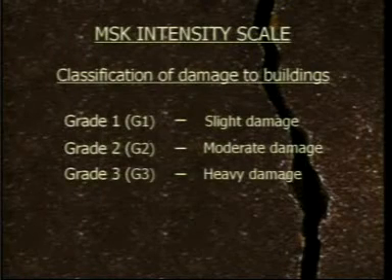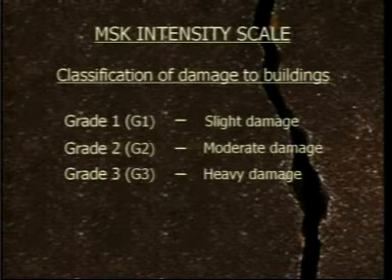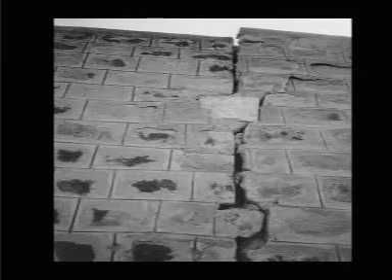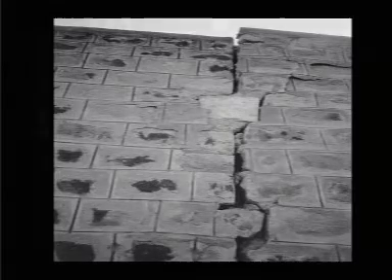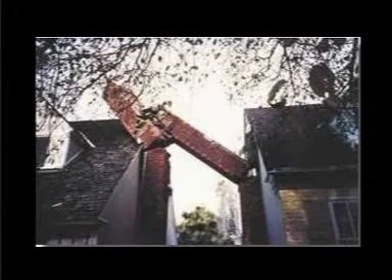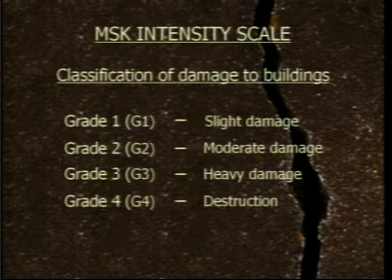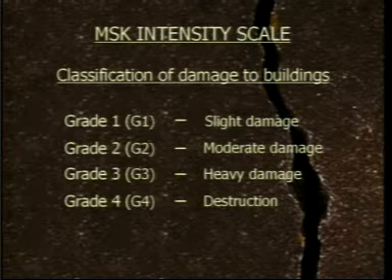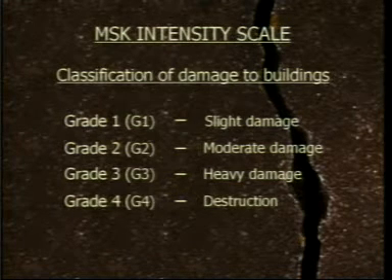Grade 3 damage means heavy damage, and it consists of large and deep cracks in walls and fall of chimneys. Then comes grade 4 damage. Grade 4 damage means destruction.